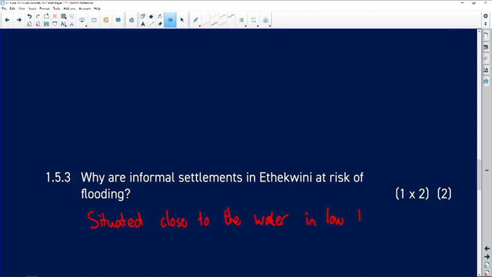So the low-lying areas is the floodplain. And also mentioned, there's very poor drainage or stormwater systems. Like I've mentioned, lack of infrastructure.